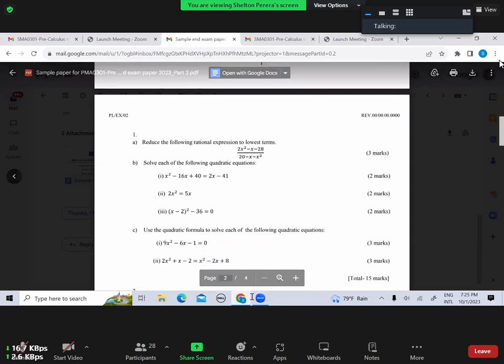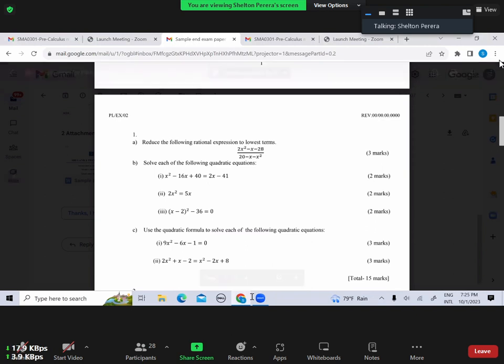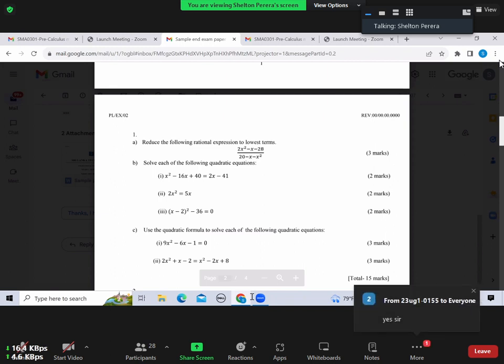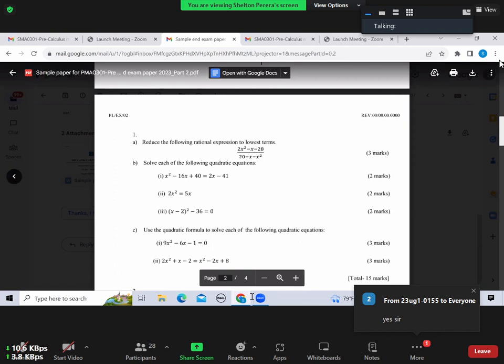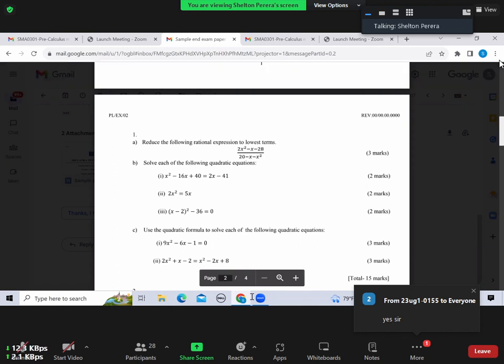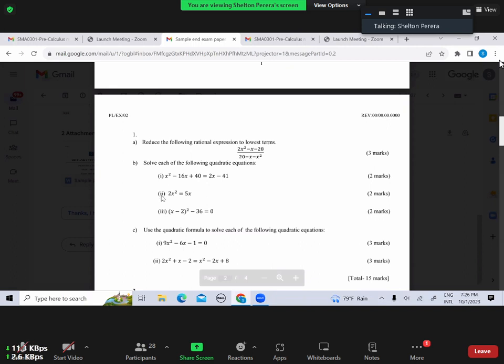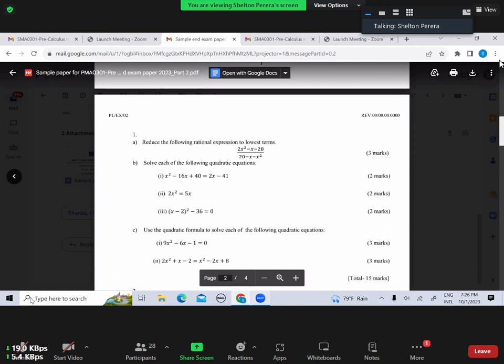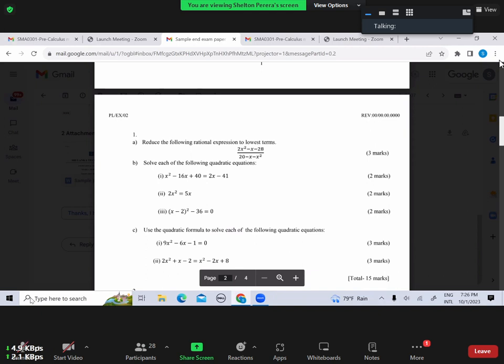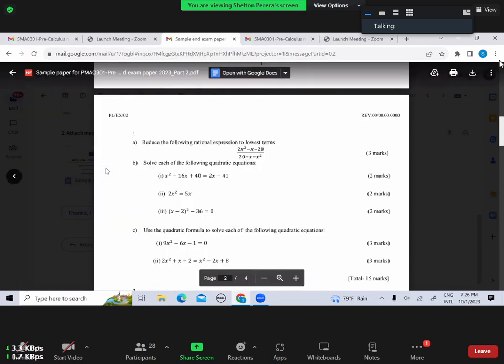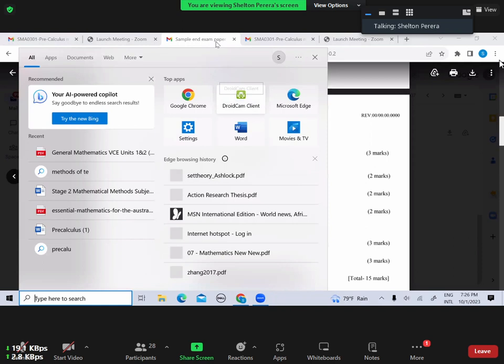Can the students put in the chat whether you can see the screen and hear me? Maybe you cannot hear. I forgot to record also. Please be prompt. There is a lot of noise outside also.